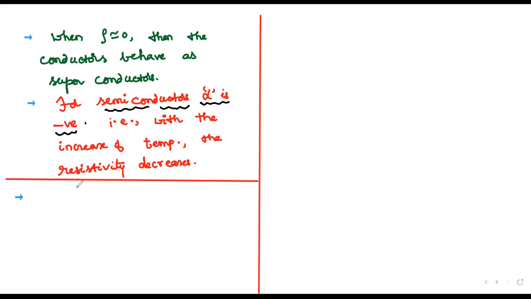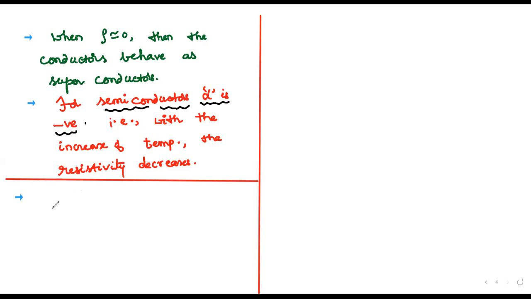Here, sometimes we require temperature dependent resistances. Temperature dependent resistances means, suppose I want an electric heater, iron box, geyser, or electric stove. In such electrical devices, by turning on the switch and passing the current, I require more heat.